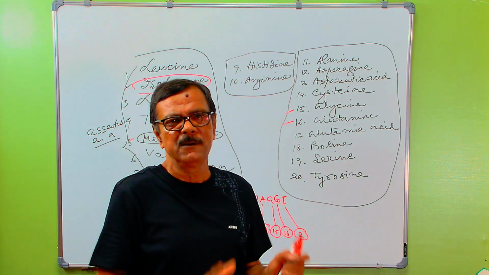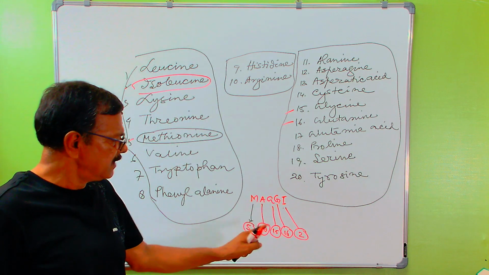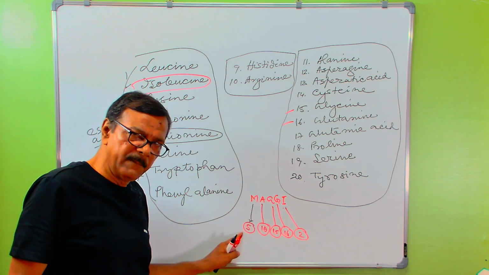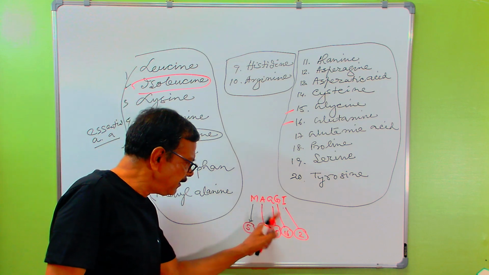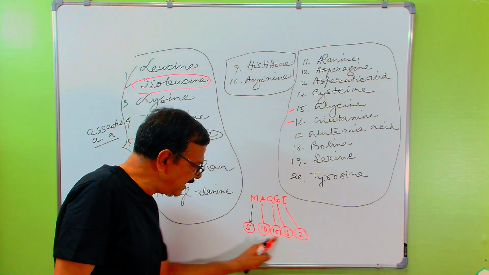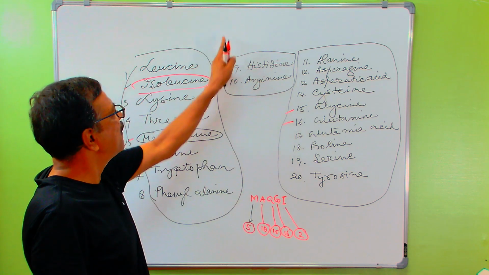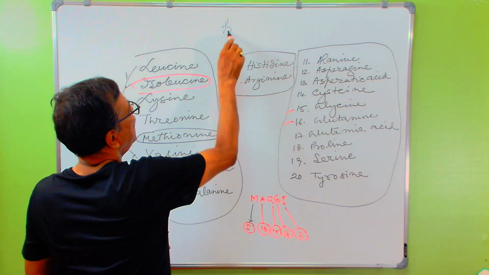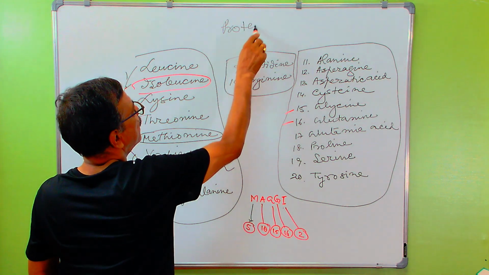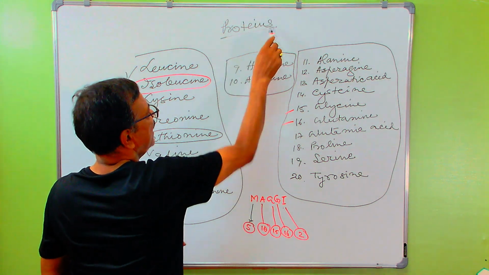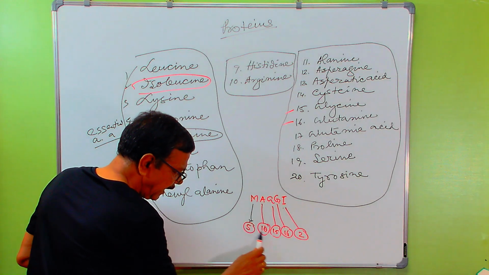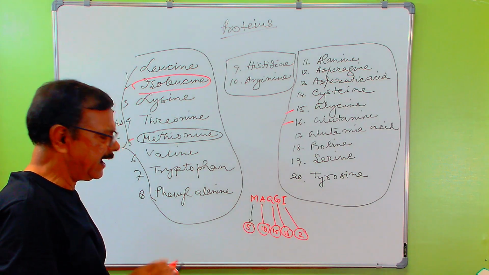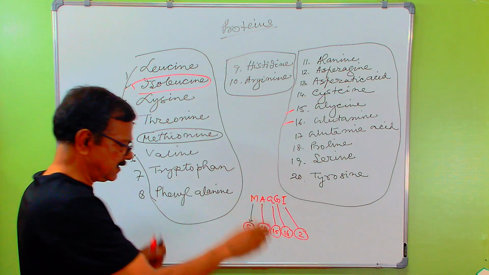At every moment, we are producing these amino acids, and they are arranged in a linear order. So proteins are known as linear polymers. Proteins are linear polymers of amino acids arranged in a definite sequence.